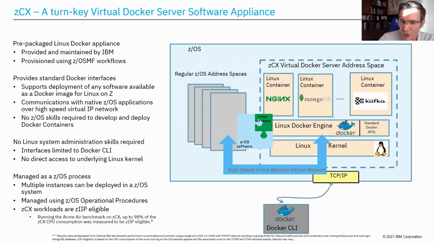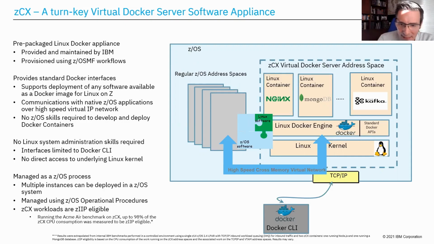A couple of things on this chart that we should point out. Again, it uses the high-speed cross-memory virtual network function that we'll talk about in just a few moments. And by using that high-speed cross-memory virtual network, again, the latency is almost at the minimal level possible.